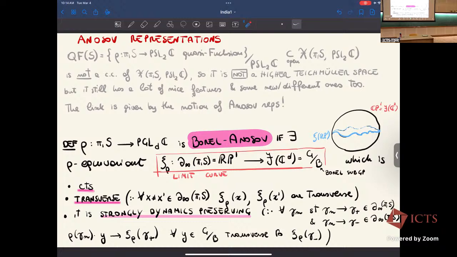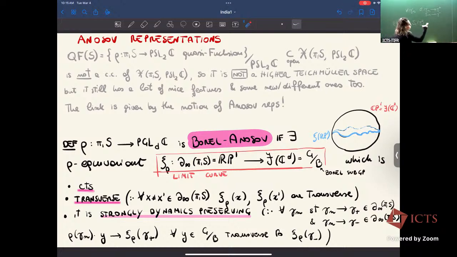So for every gamma n such that gamma n tends to gamma plus and gamma minus, what you have is that rho of gamma n applied to Y, I'll tell you why, where it belongs in a second. What you want is Xi plus of gamma plus.